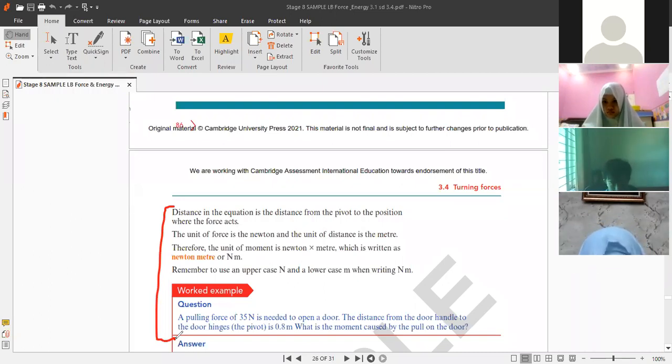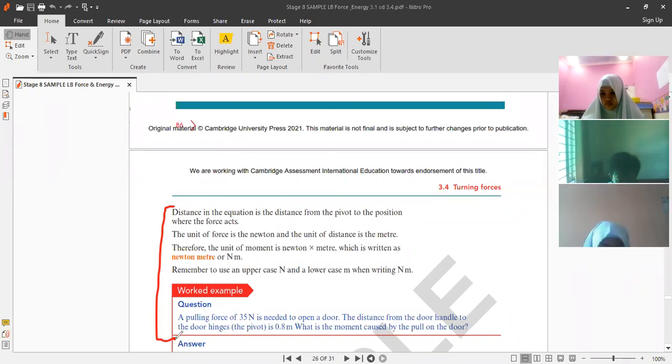Therefore, the unit of moment is Newton multiplied by meter, which is written as Newton meter or Nm. Remember to use an uppercase N and a lowercase m when writing Nm. Question: a pulling force of 35 Newton is needed to open a door. The distance from the door handle to the door hinge, the pivot, is 0.8 meter. What is the moment caused by the pull on the door?